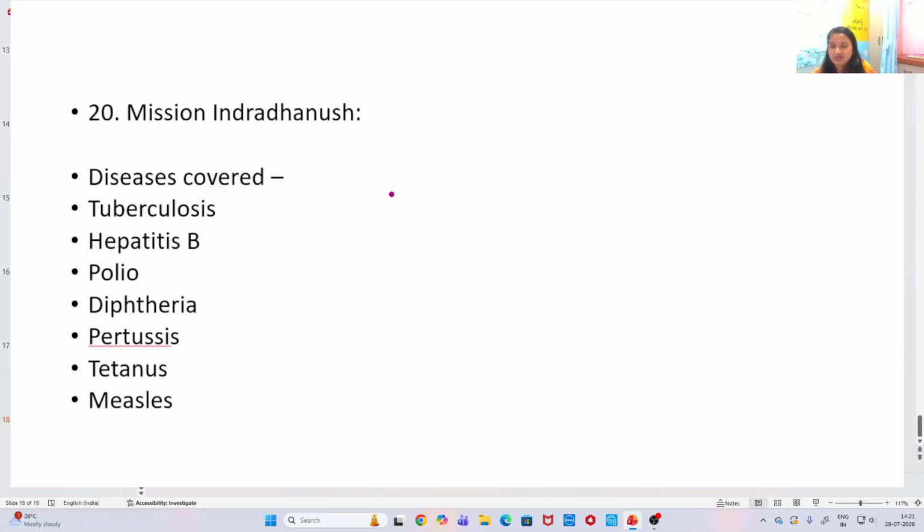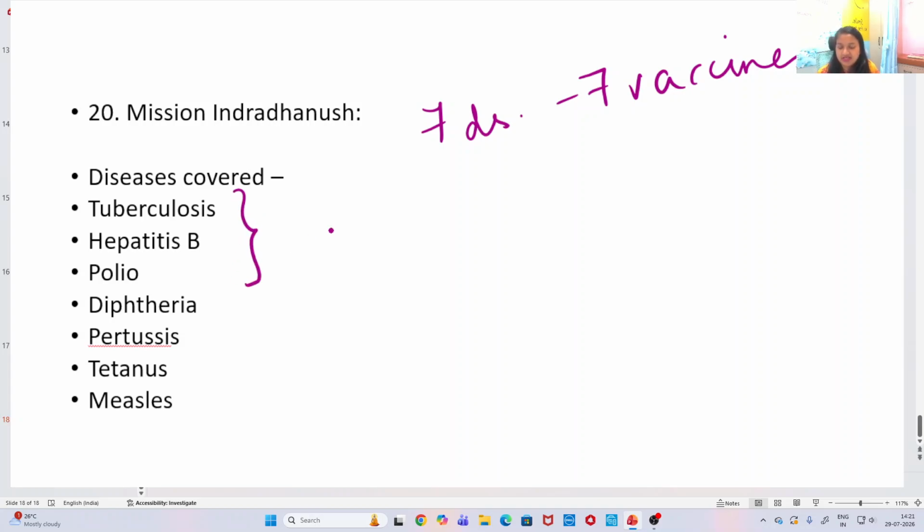Mission Indradhanush covers 7 diseases, like the 7 colors of a rainbow. So 7 diseases and 7 vaccines. What are the diseases covered? TB, hepatitis B, polio, these 3 are given at birth: BCG, Hep B vaccine and oral polio vaccine.